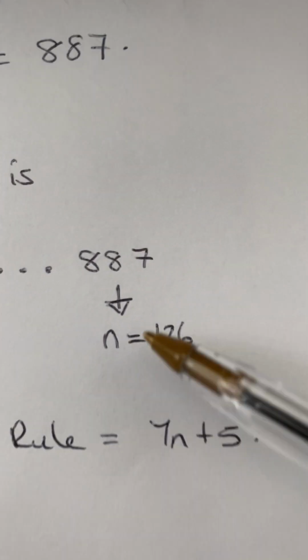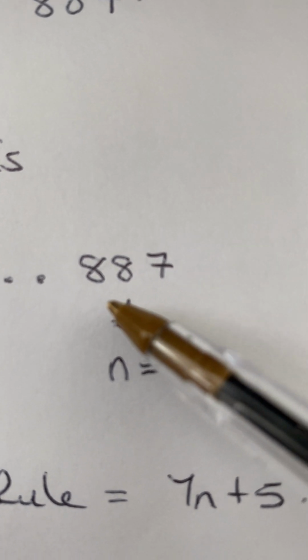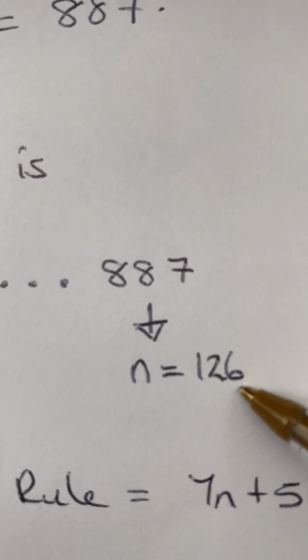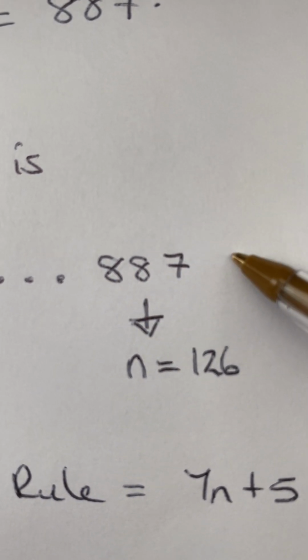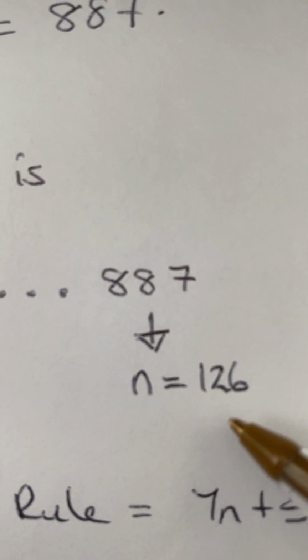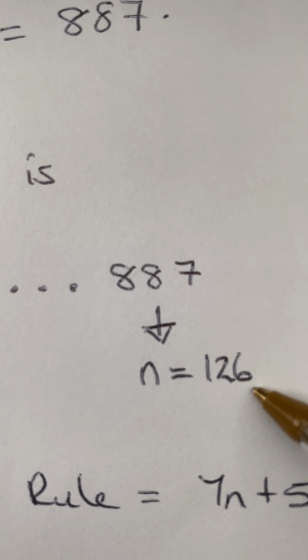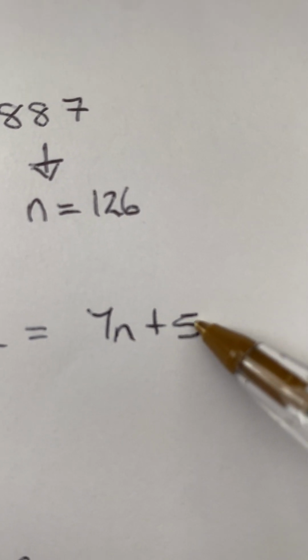So if n is 126, then 7 times 126 plus 5 is 887. So we don't have to count till we get to 126. Our position to term rule here is 7n plus 5.